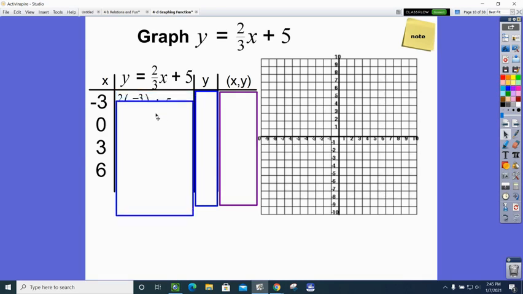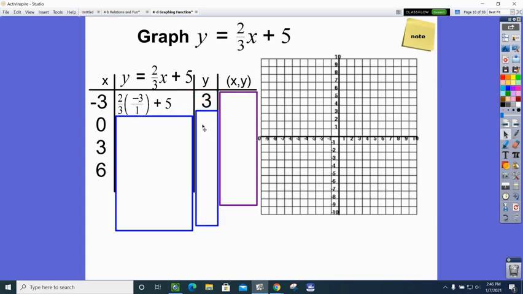So let me show you what I mean with that first one. Now, there's the 2/3, and I'm multiplying by -3. And see how I put it over 1, just so I know who I'm multiplying by who? 2 times -3 is -6 on the top. 3 times 1 is 3. -6 divided by 3 is -2. Add it to 5. My output is 3.